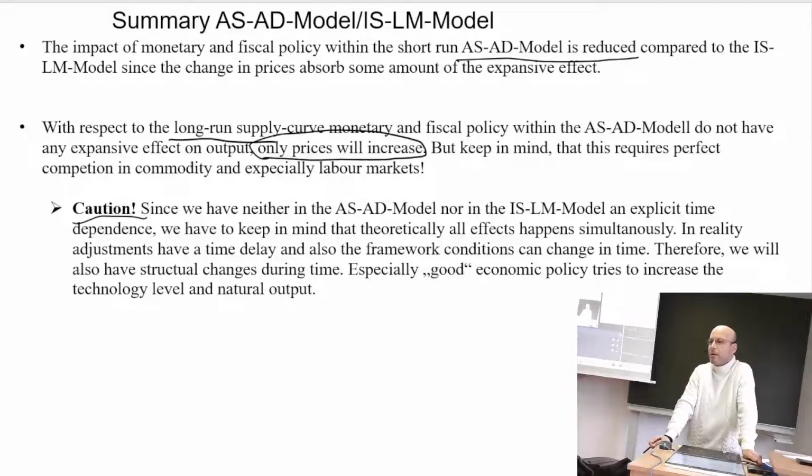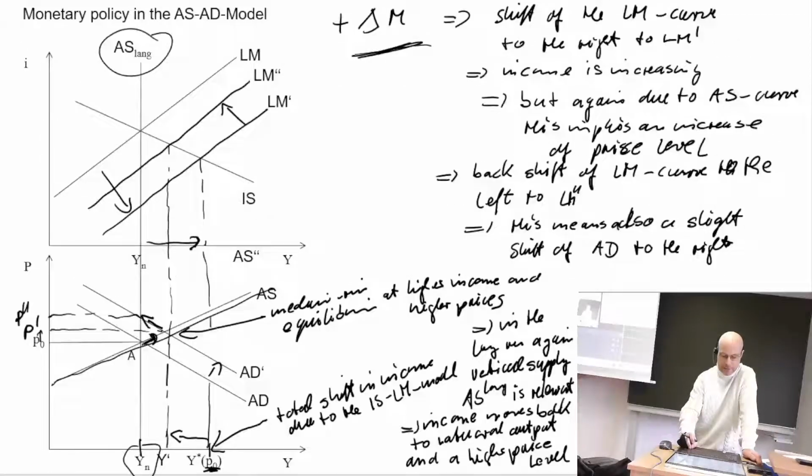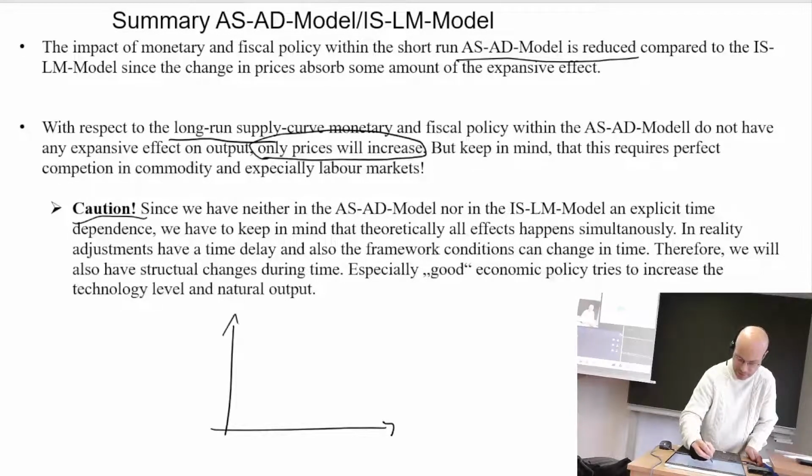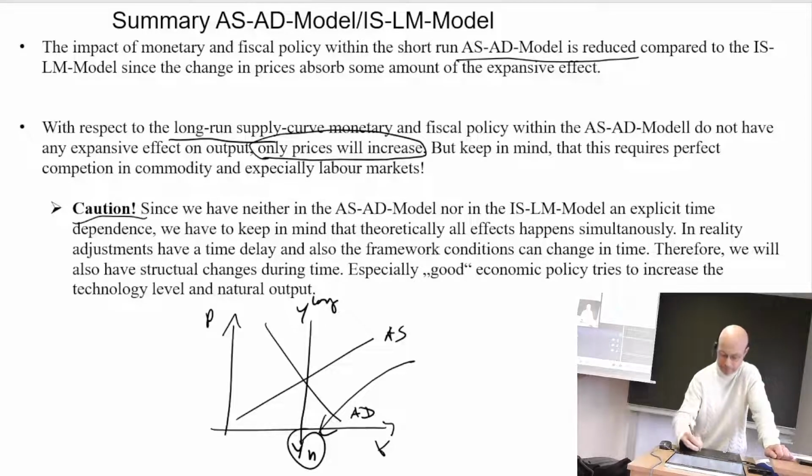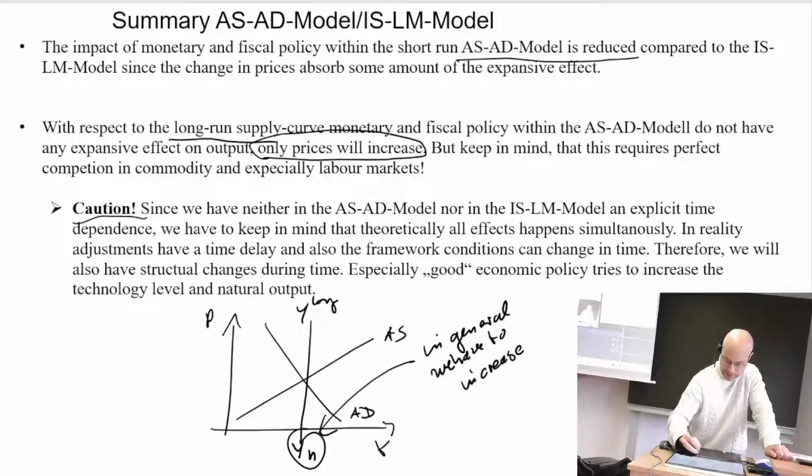But what we can say then overall, what would be a good economic policy, what will be good governance, is then of course that if we take this picture here again, AS, AD and natural output, then of course in general we have to increase the technology of our economy.